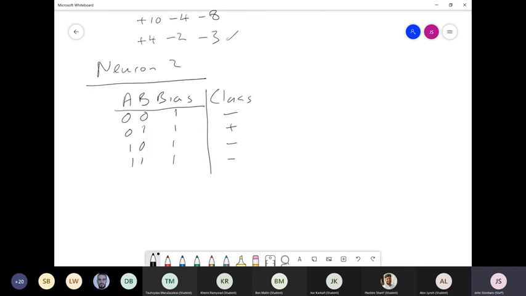I think a weight vector that will solve the problem is -4, +4, -3. Just do a quick check. Negative, positive, negative, negative.